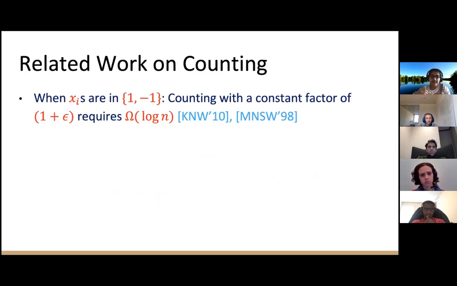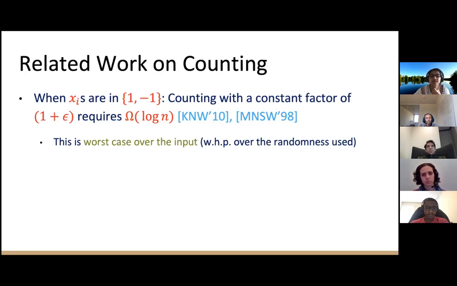Okay, so there has been related work on counting. So it is known that when xi's are plus minus 1, then counting, which is just the sum of xi, within a constant factor of 1 plus epsilon requires omega log n bits, log n memory. And then you will ask the question, why doesn't this answer our question? It is because this lower bound is worst case over the input.